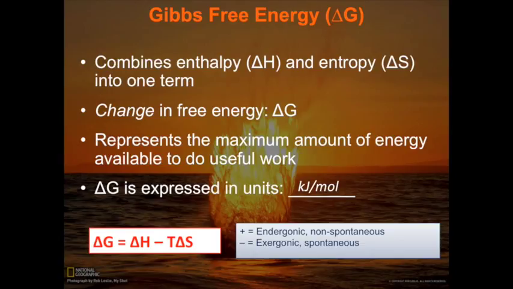If a reaction or a process has a negative delta G, that is, it releases kilojoules, then it's called exergonic. We think of that as spontaneous. It's more likely to occur. If it's positive, that indicates that it requires the input of energy, and that's something that won't occur on its own.